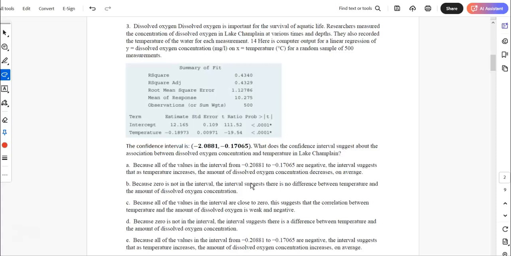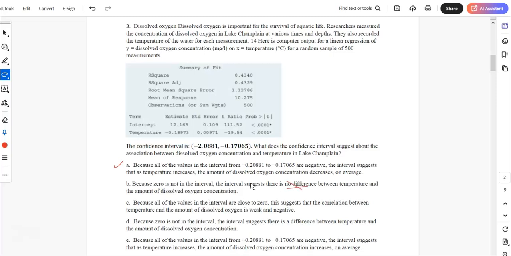Okay, so because all the values in the interval are negative, the interval suggests that as the temperature increases, the dissolved oxygen concentration decreases on average. I'm leaning towards that being true. It's a negative slope, so as one is increasing, the other one's decreasing, so that makes sense. Because 0 is not in the interval, there's no difference. No, I don't think it's a test of no difference here.